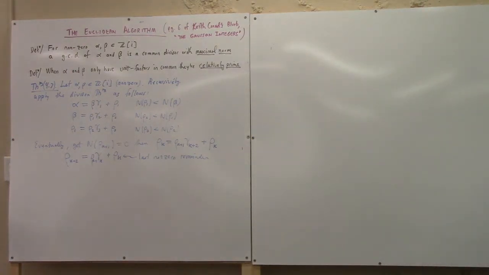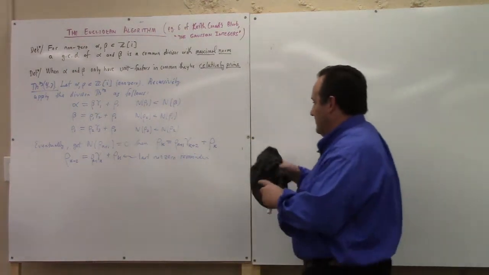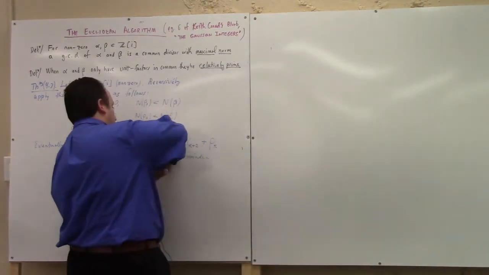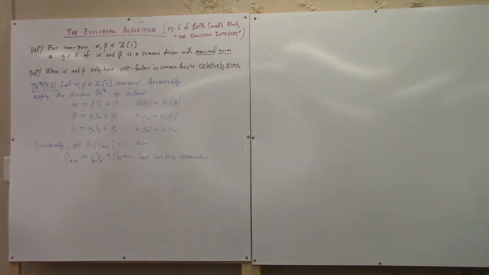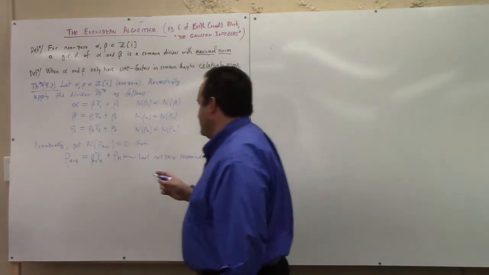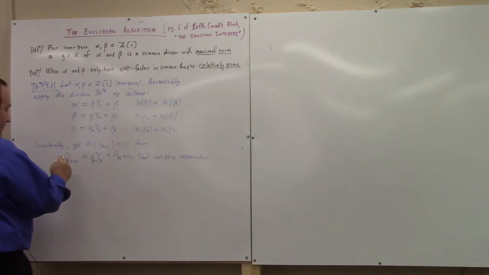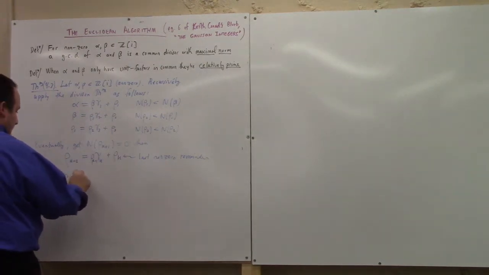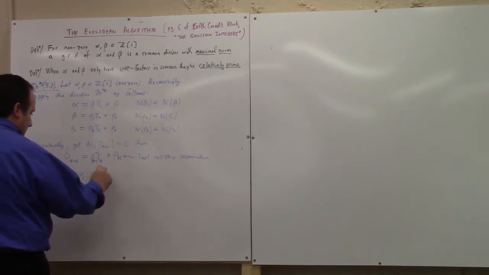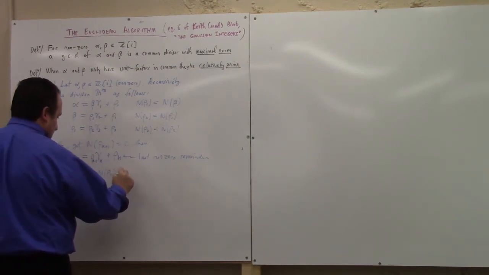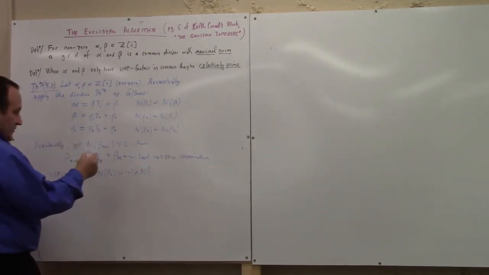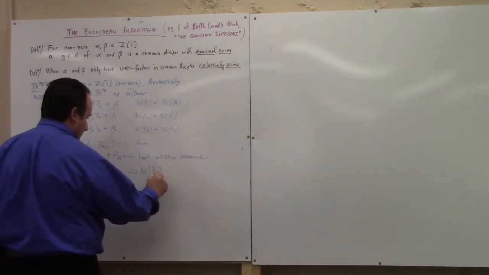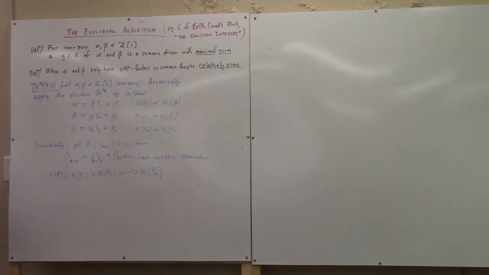Then how do the remainders relate? You have the norm of beta is greater than the norm of rho 1, is greater than the norm of rho 2, is greater than dot dot dot, is greater than the norm of rho k. And what's below that?